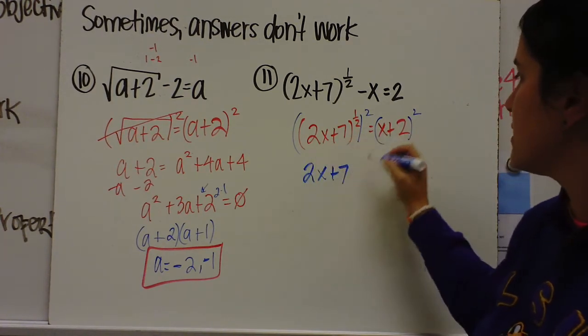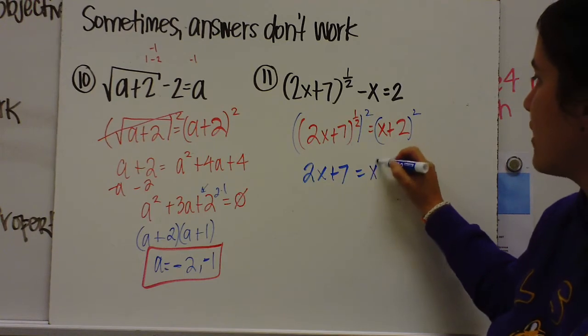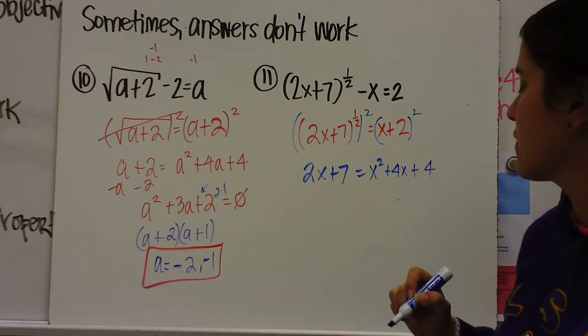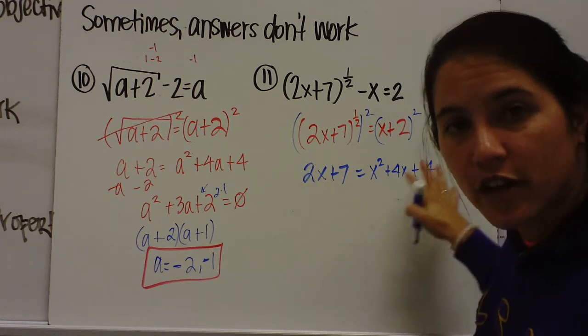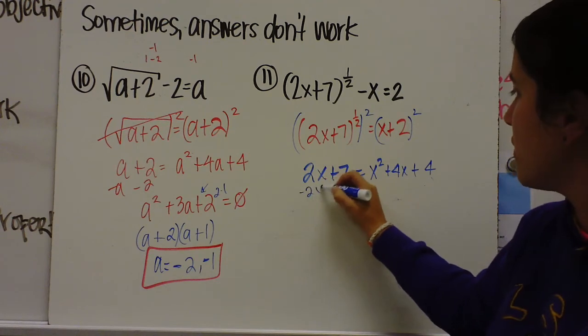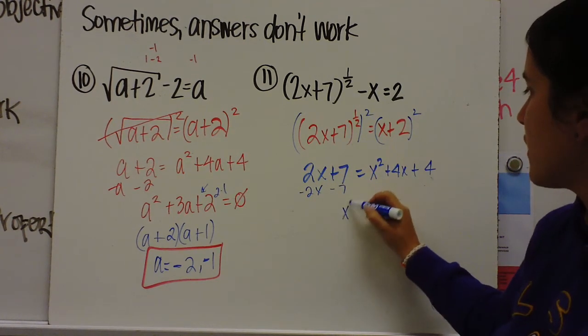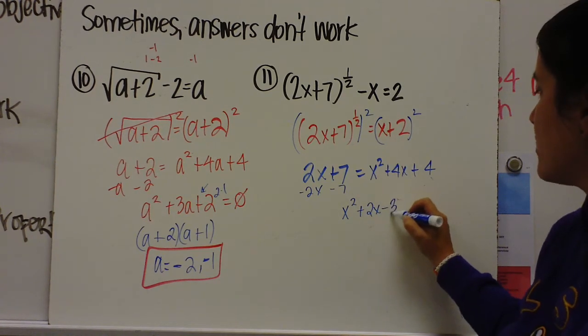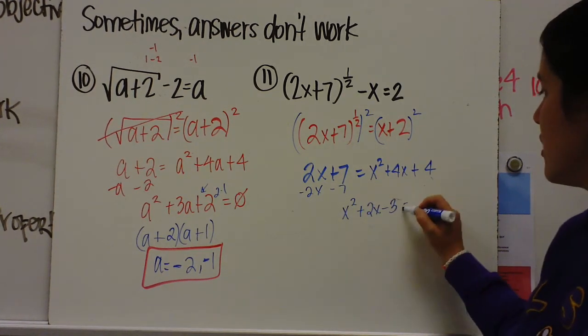We're left with 2x plus 7, and over here we're going to have x squared plus 4x plus 4. I'm going to move it all over so I can solve this quadratic equation. So minus 2x minus 7, and I'm left with x squared plus 2x minus 3 equals 0.